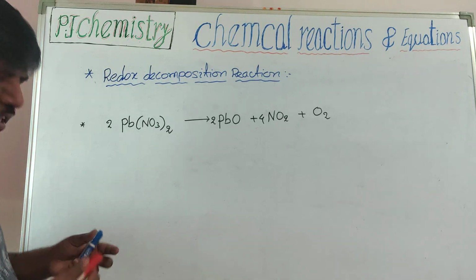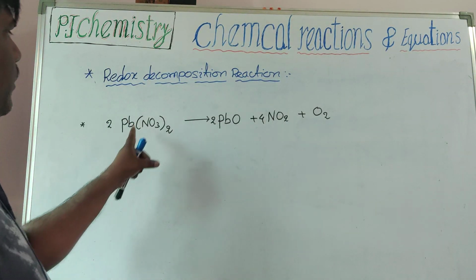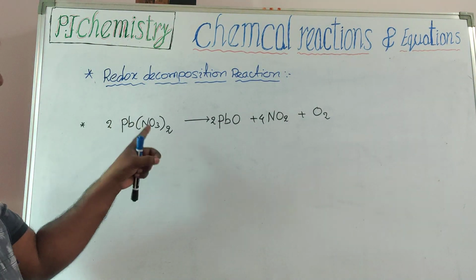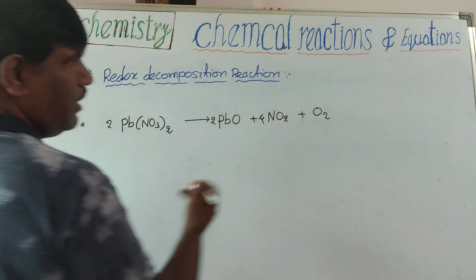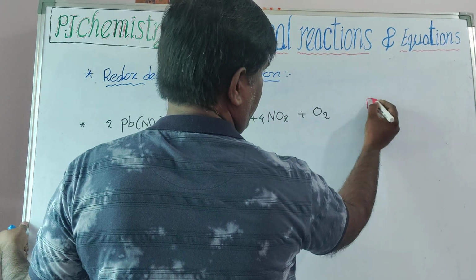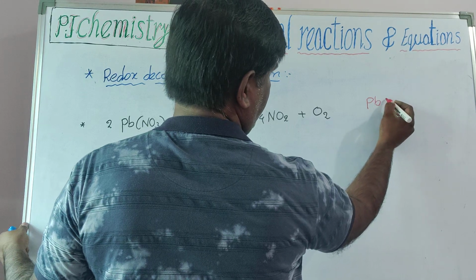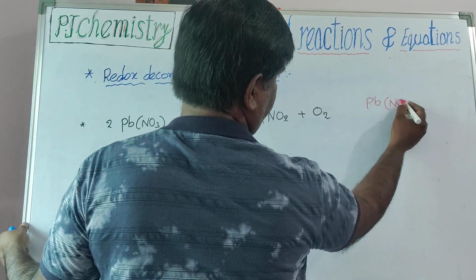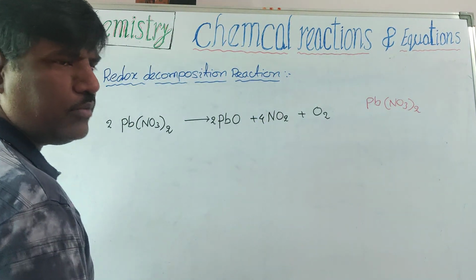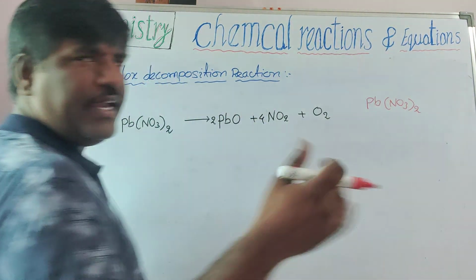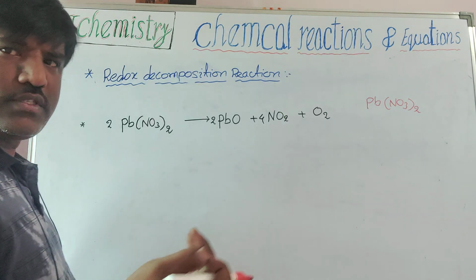Now, lead nitrate. Find out the oxidation number for each element in lead nitrate, Pb(NO3)2. I want the oxidation number of every element here. Nitrate ion, I gave this information in the starting video for 10th class.